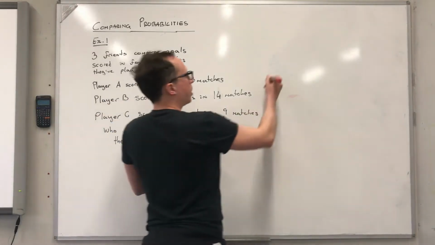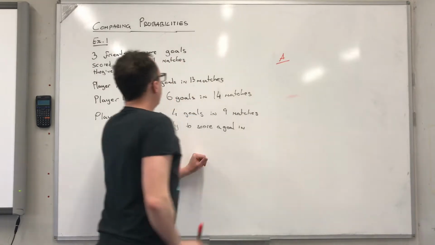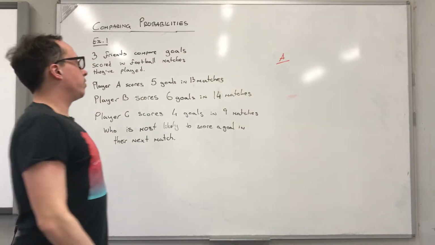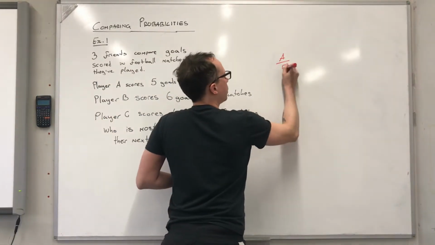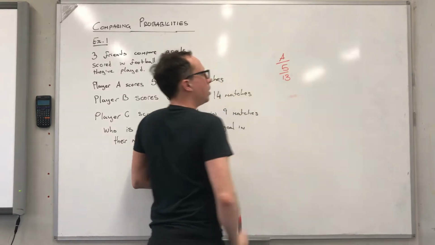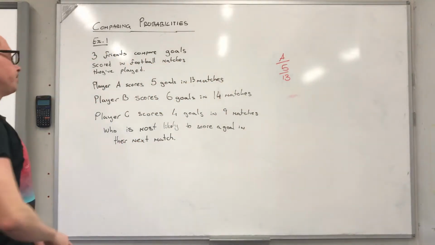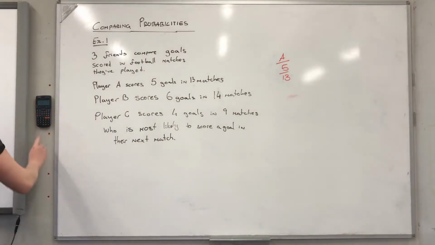So we do player A first. They scored 5 in 13. And then what we can do is get a calculator, and we'll do 5 divided by 13, which will give us the recurring decimal.